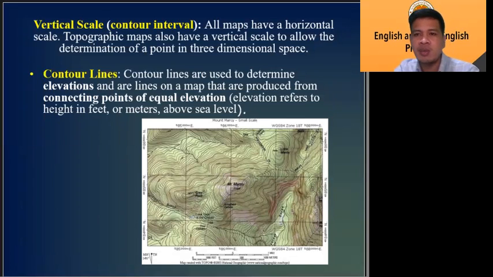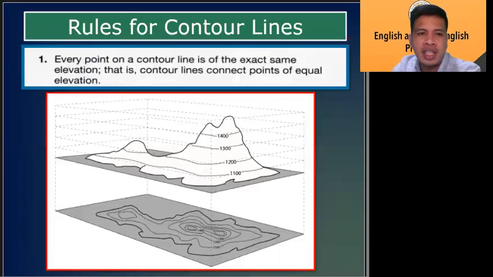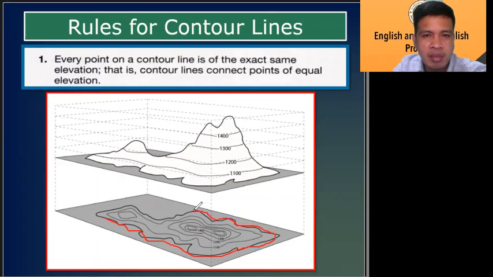Let us proceed with the rules for reading contour lines. Number one: every point on a contour line is of the exact same elevation. In other words, take the lowest line here, it means that this line has the exact same elevation.